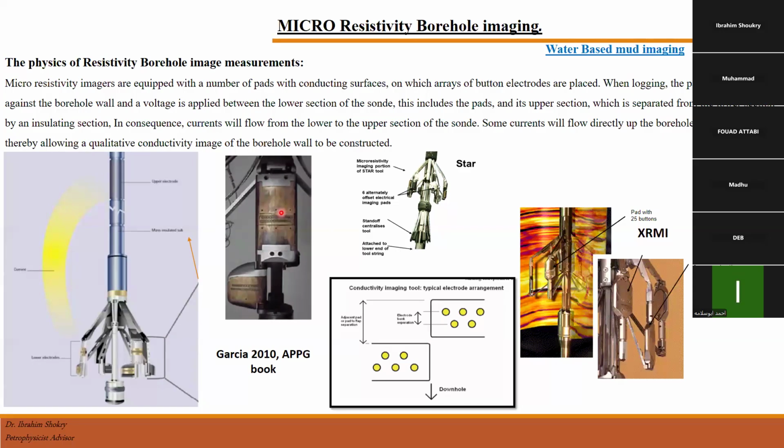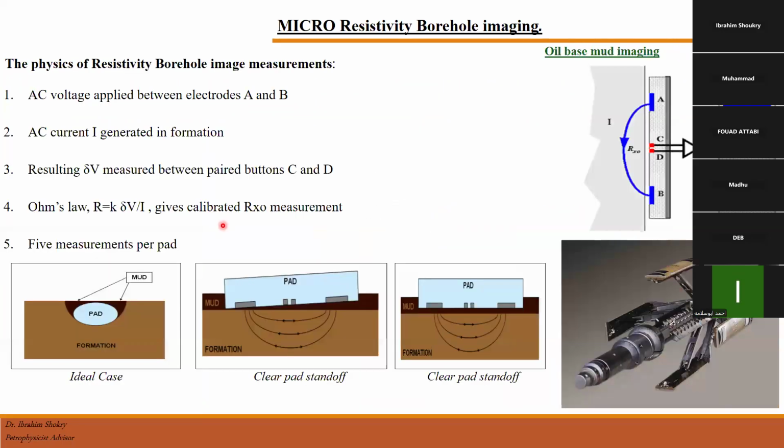It looks like the coverage of the image tool in case of oil-based mud is 20% or 25% of the coverage of water-based mud.